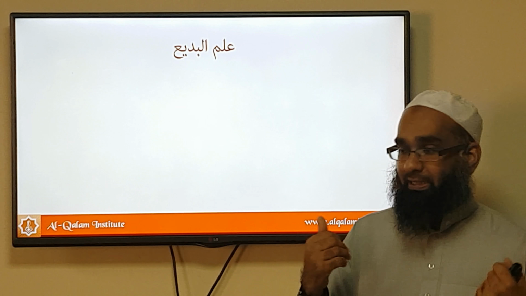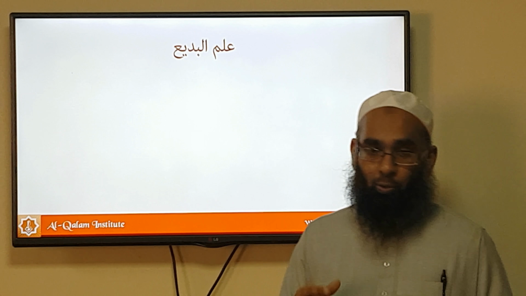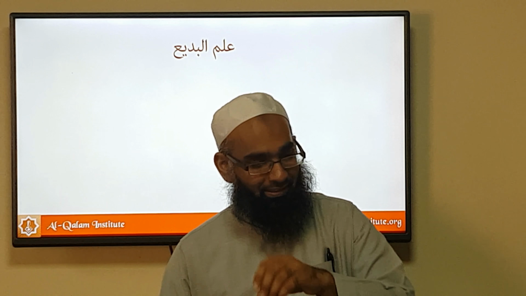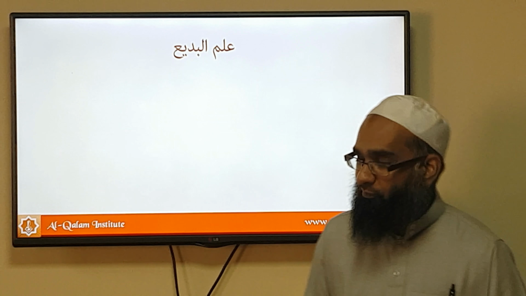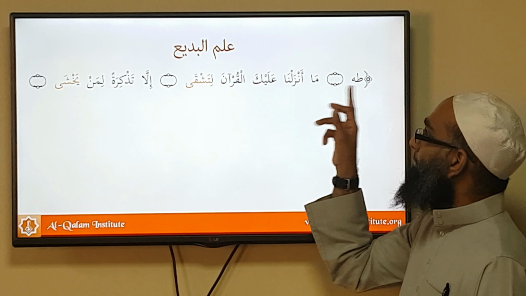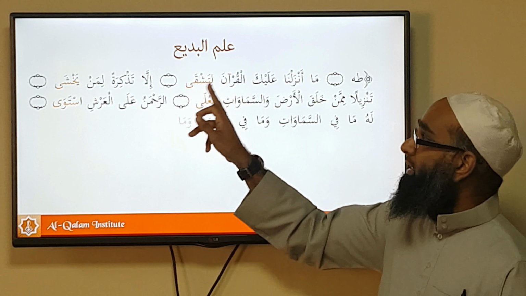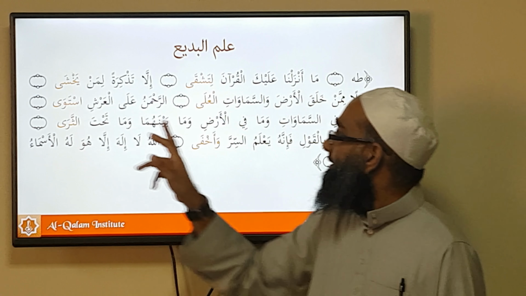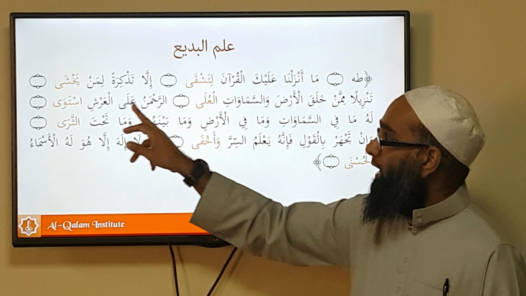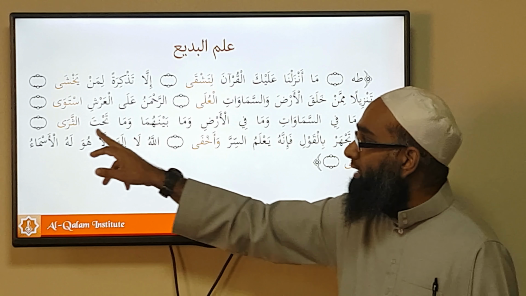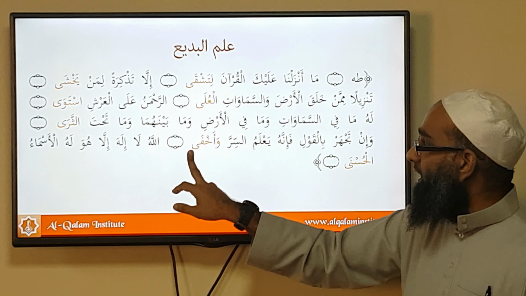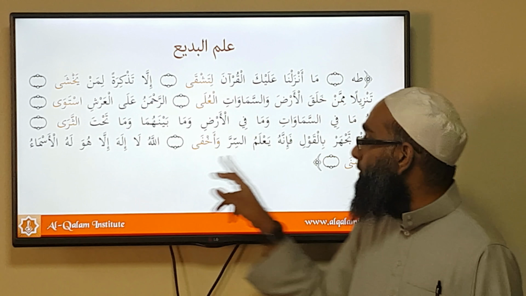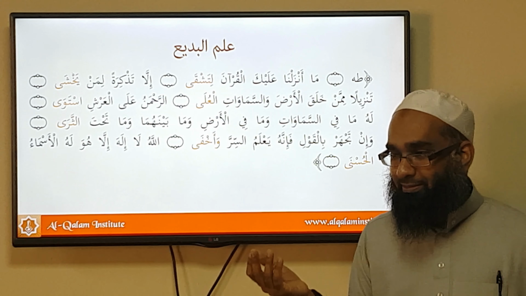Okay? And ilm al-Badi', the third science. What happens in here? We add the masala and the spices on top. For example, look at this: طه ما أنزلنا عليك القرآن لتشقى إلا تذكرة لمن يخشى سماوات العلا العرش استوى وما تحت الثرى سرنا وأخفى وله الأسماء الحسنى. That's how it flows.